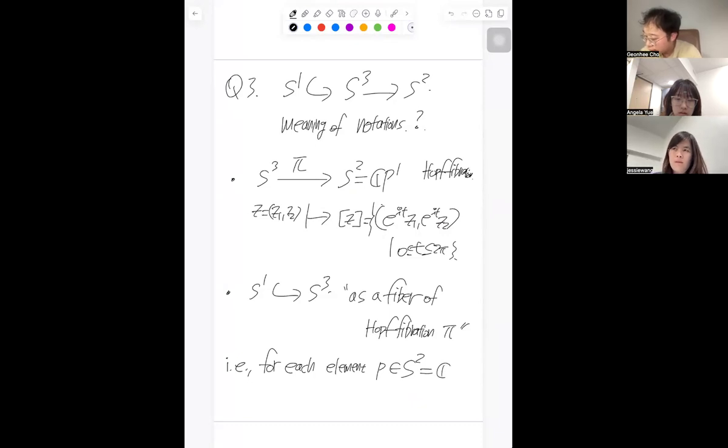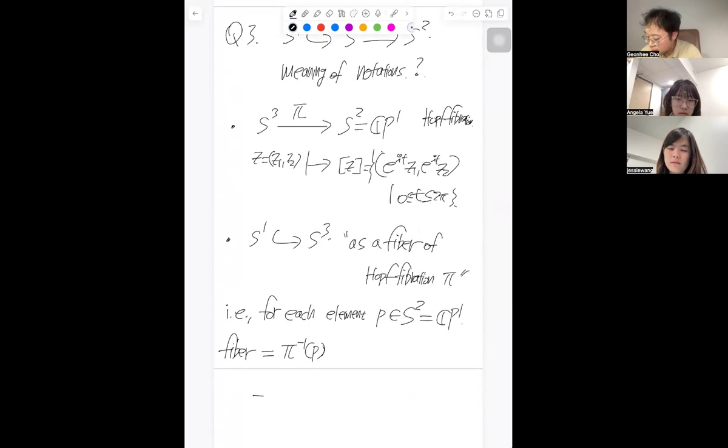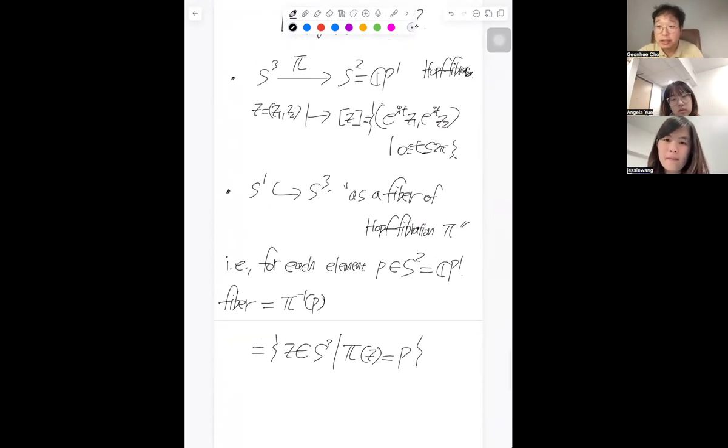Okay, so let's just take the point from here first. And fiber means this guy. Let me give you the definition. This means consider Z in S3 such that pi of Z equals P. This is the definition of the fiber.